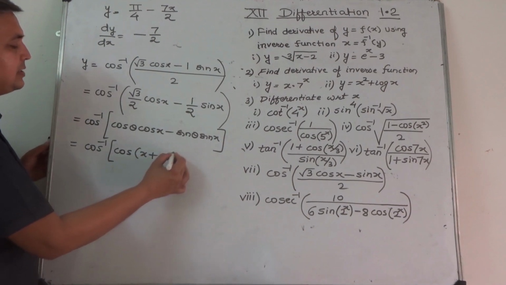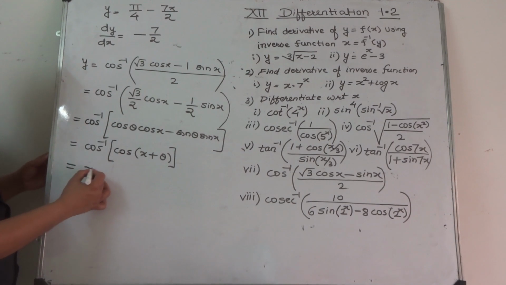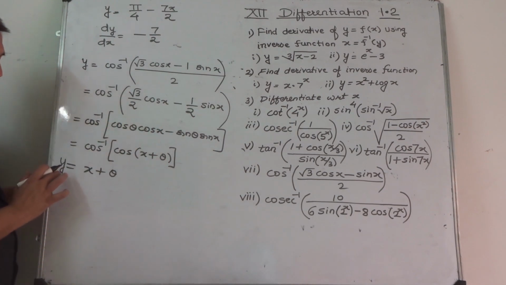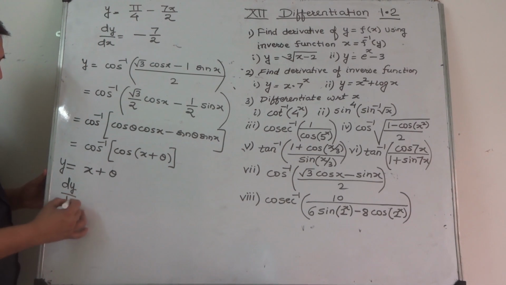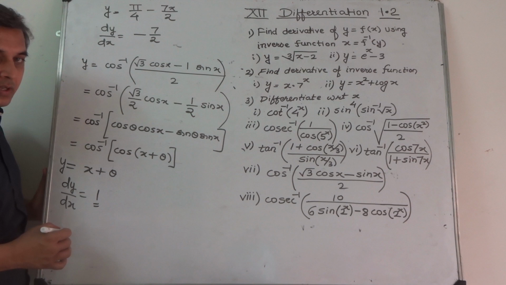Cos inverse cos gets cancelled, and we get x plus theta, where theta is a constant. Theta is some constant angle. So y equal to x plus theta, and so derivative dy by dx is equal to 1. Note, answer is 1 here.